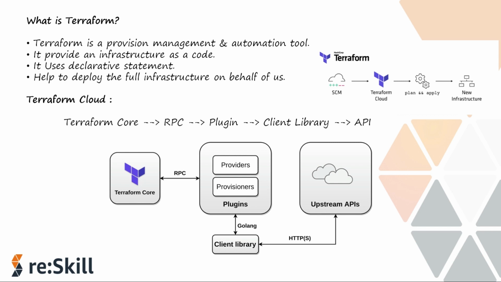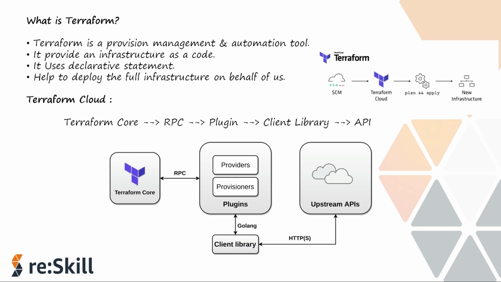You do it graphically, going from one step to another in the cloud console. So what if I put all that graphical work into a single code? That is known as automation.